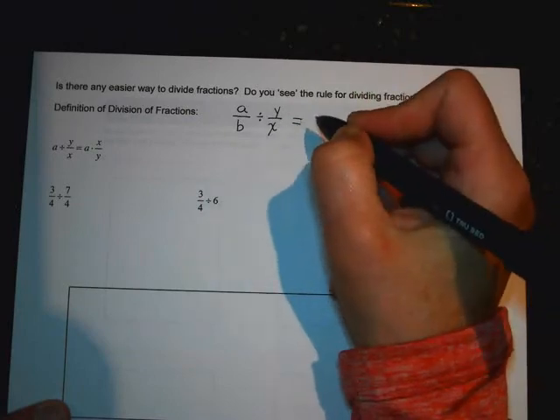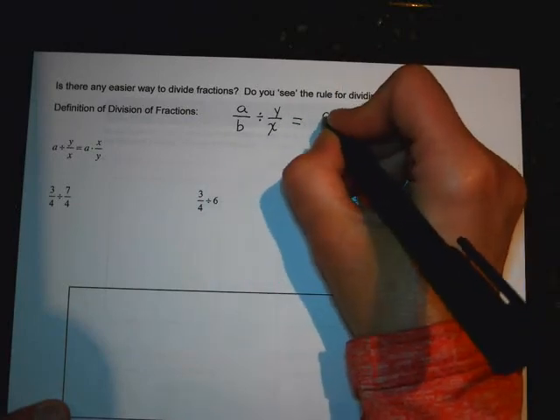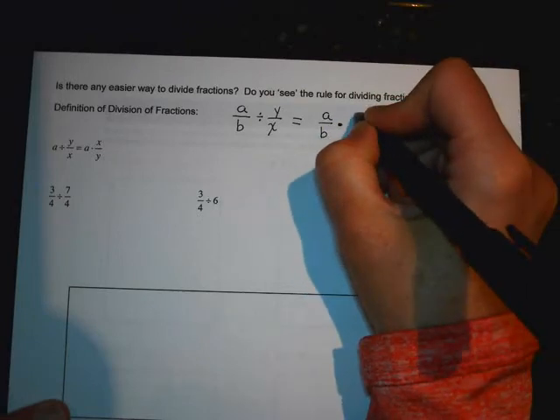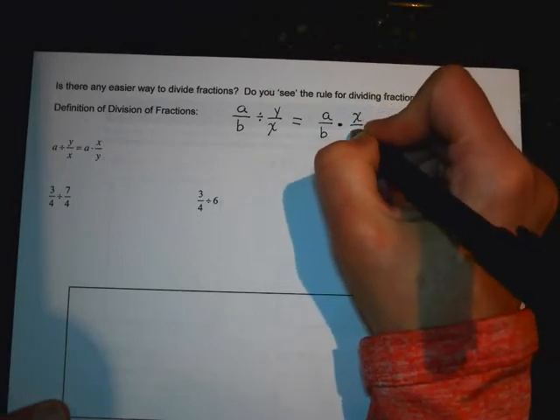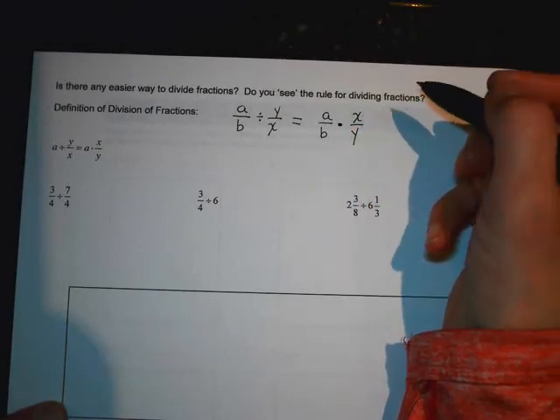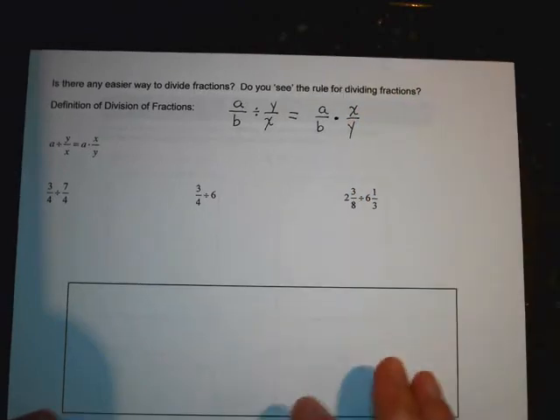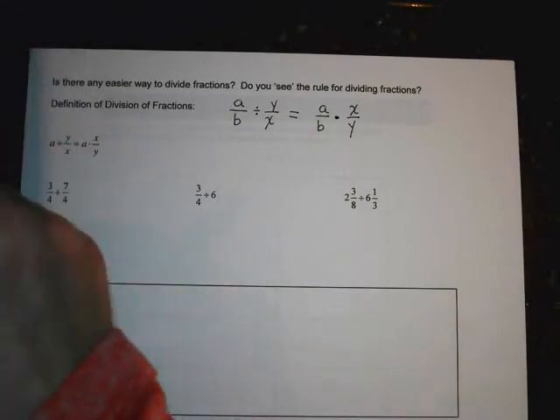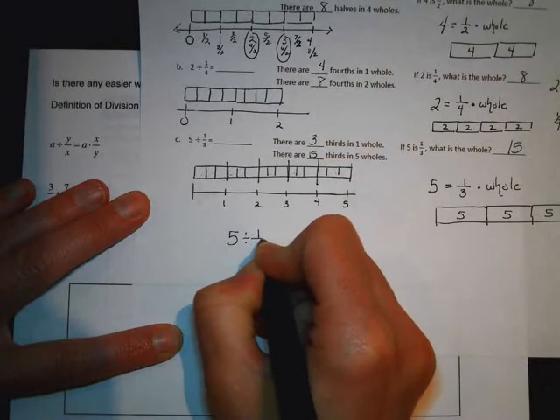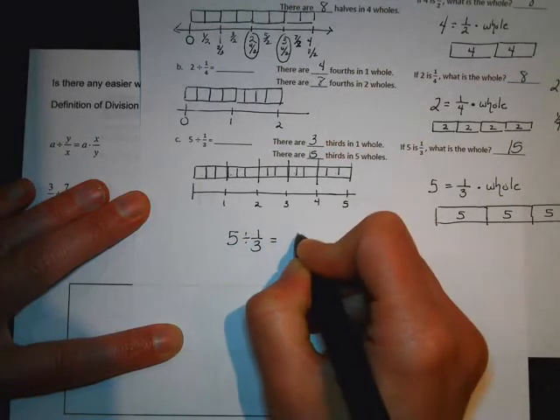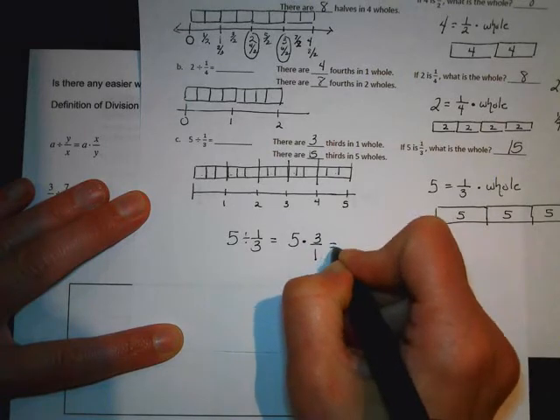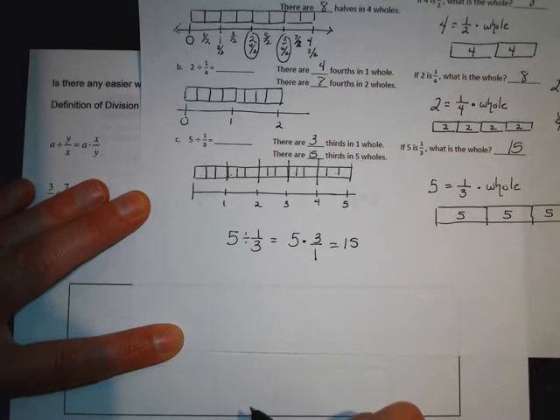To figure out the division, you keep the first fraction and multiply by the reciprocal, or the flip of the second. You guys remember doing this? So here, 5 divided by 1/3 would be the same as 5 times 3 over 1. So that's why we were getting 15 for our answer.